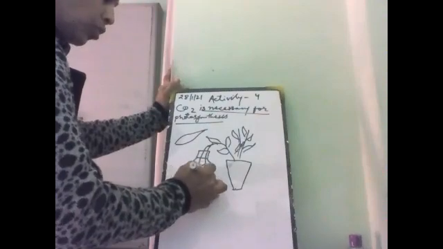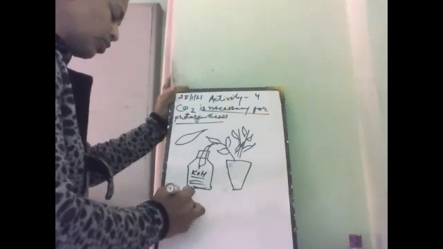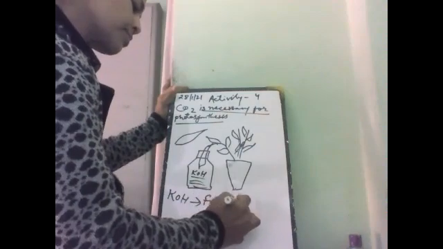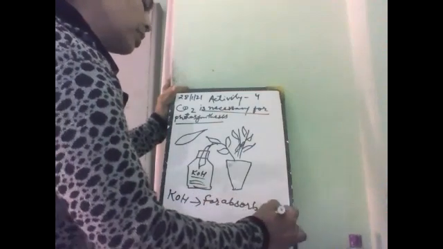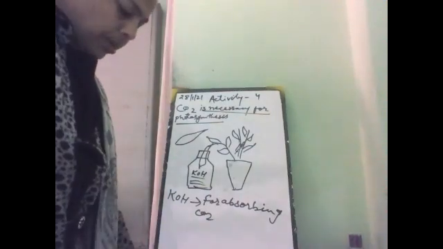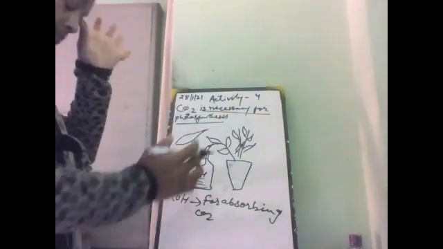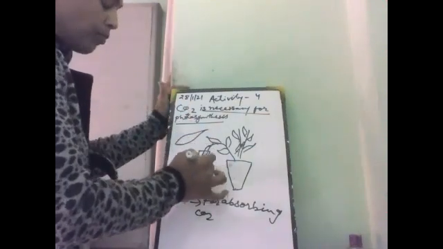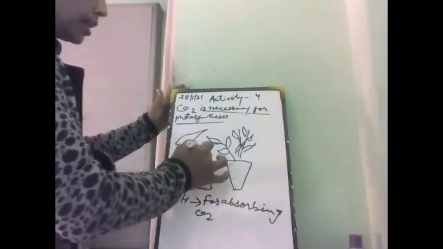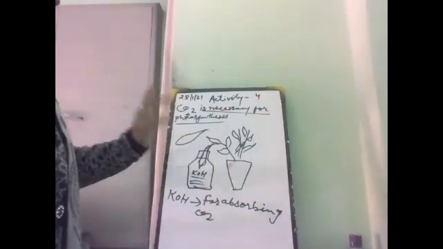There is a KOH solution inside the bottle to absorb the carbon dioxide present in the bottle. Fit the leaf in the bottle with the help of a cork, which has a space to put the leaf inside the bottle.